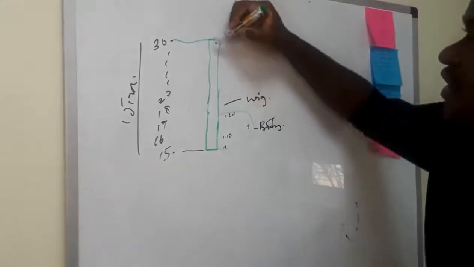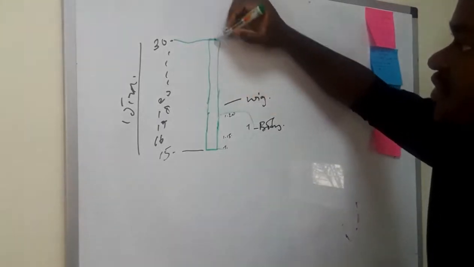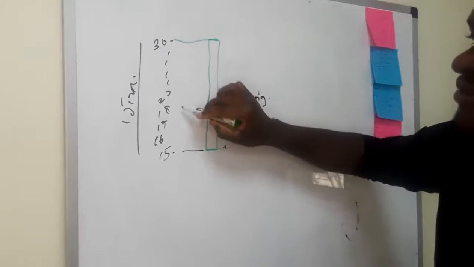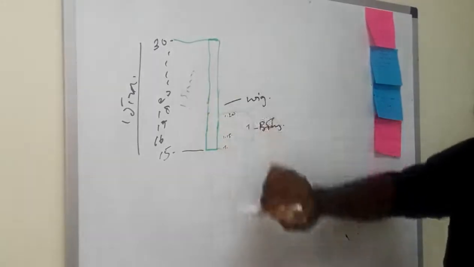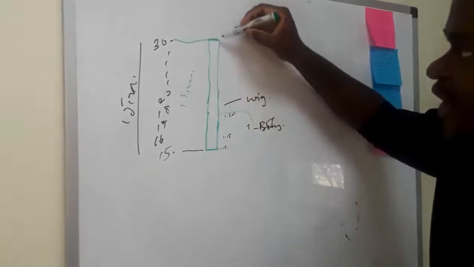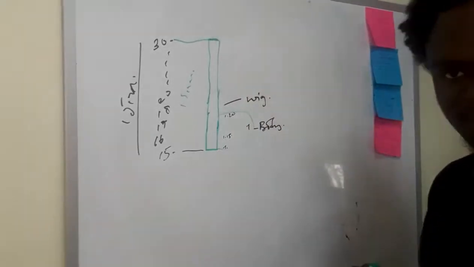So here, let's say the candlestick ended here at the 30-minute mark, after the 15 minutes time frame, we had a rush in of buyers pushing the price up till here.